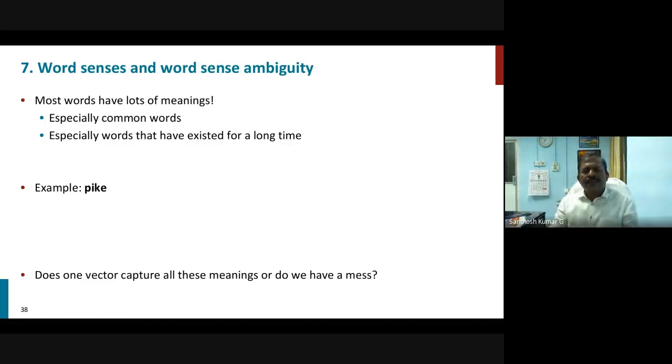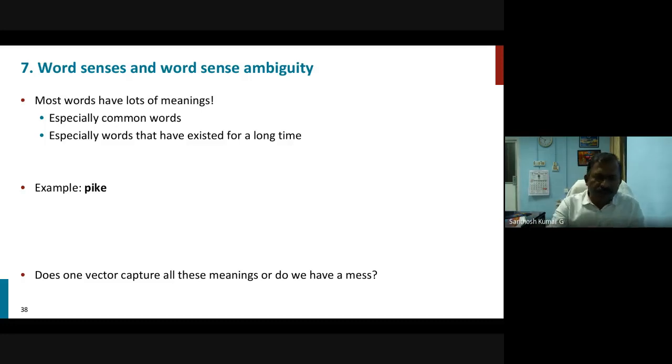So another classic problem in NLP, maybe we will attack this problem later, but I just wanted to mention it here. Basically, most of the words will have a lot of meanings, right? Especially common words, or words that have existed for a long time, will have other meanings associated with them.